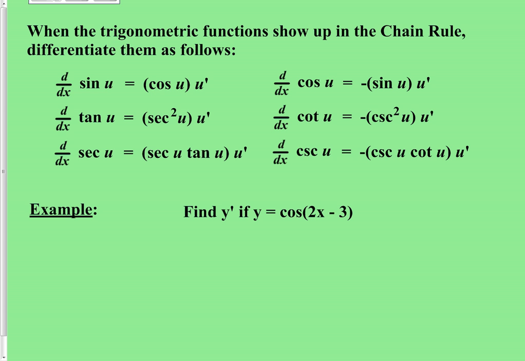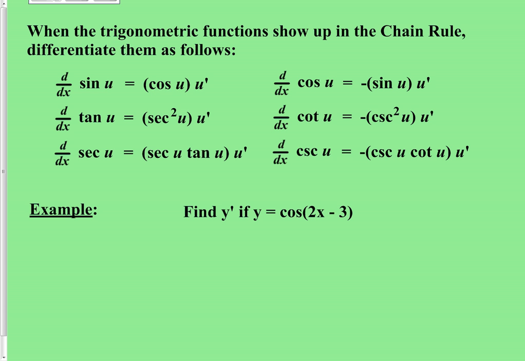Find the derivative of y if y is cosine of 2x minus 3. Hopefully it's not a big deal to remember, or look at the top of the screen and know, that the derivative of cosine is negative sine. So in our next step, we are going to have negative sine of 2x minus 3.